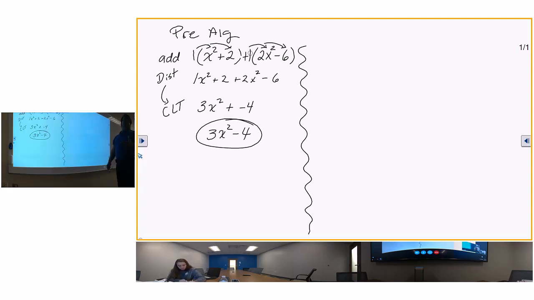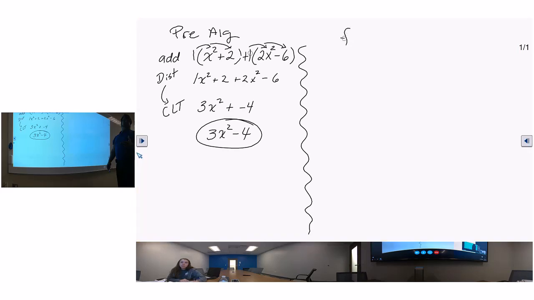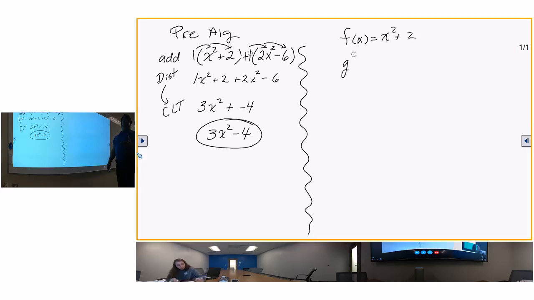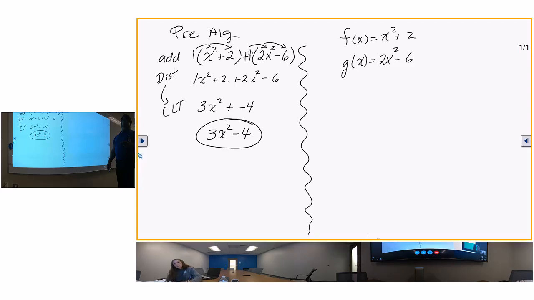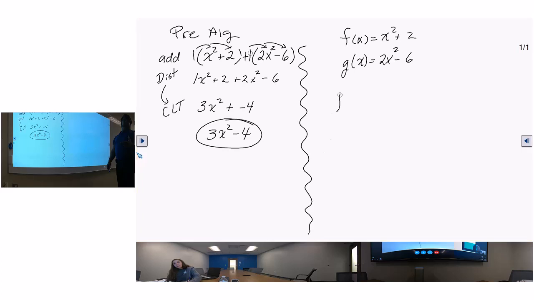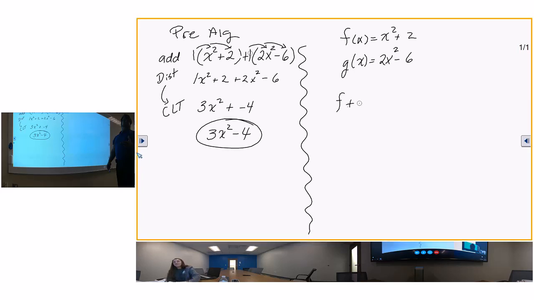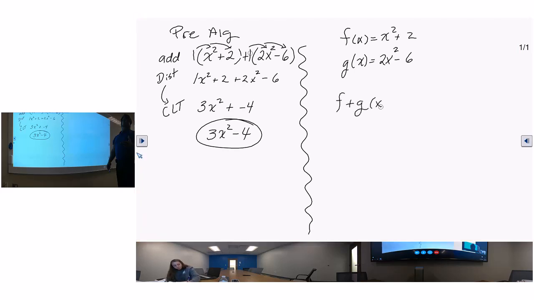So now I'm going to do f of x is equal to x squared plus 2, and g of x is equal to 2x squared minus 6. And now I'm going to ask you, hold your pinky up, f plus g of x.